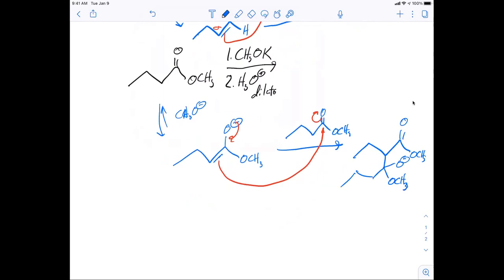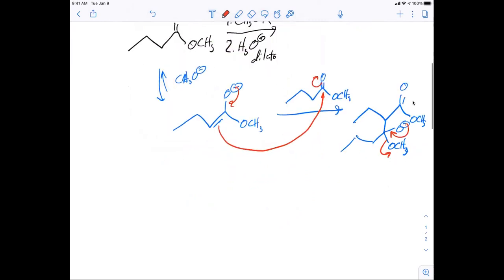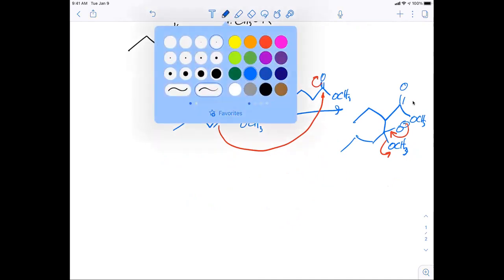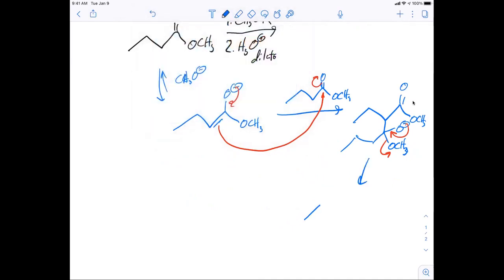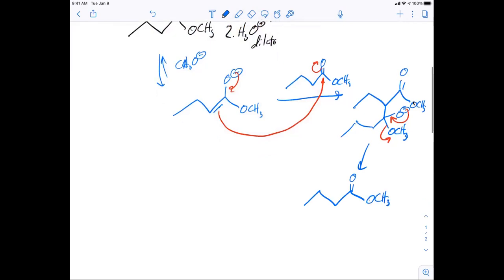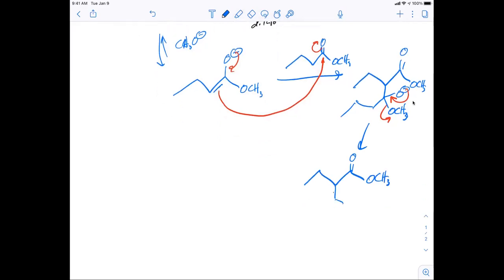Right, so I formed that. And then here, the methoxide is a decent leaving group. So that leaves, and I end up with the carbonyl at that position.